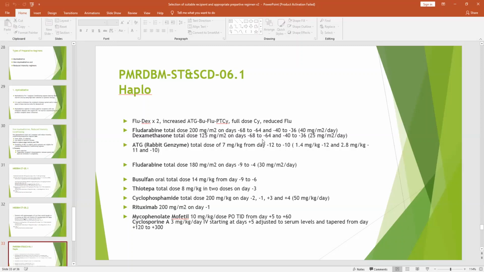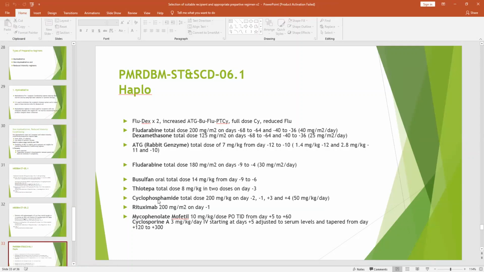And then on day minus 12 to day minus 10, ATG and fludarabine, then busulfan, and in addition, we are using thiotepa for these haplo patients and rituximab.